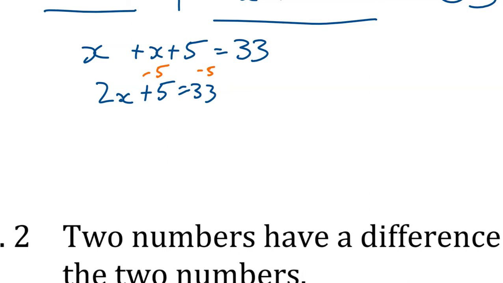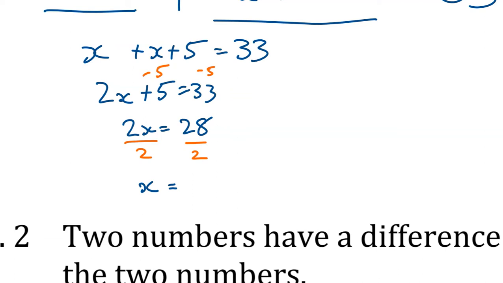I say easy because I think most people were pretty comfortable with it, right? You were okay with solving these. For whatever reason, when it comes from a word problem or a question with fractions or something, we think it's different. But it's not. What's 33 minus 5? 28. So now what do I do? Divide by 2. Good. Divide both sides by 2.